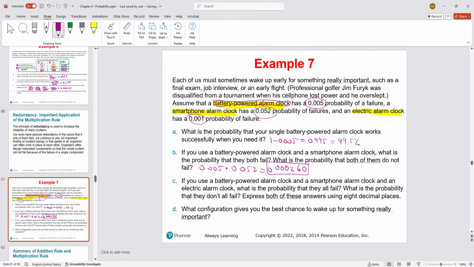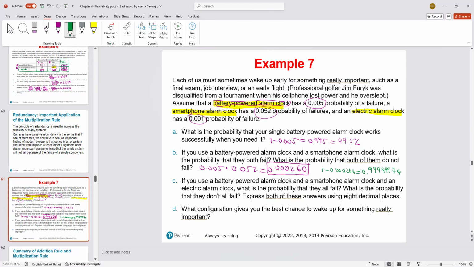What is the probability that both of them do not fail? So if both of them do not fail, just subtract what you got from 1, and it would give you 0 point, a lot of nines, maybe 0.9997 4.